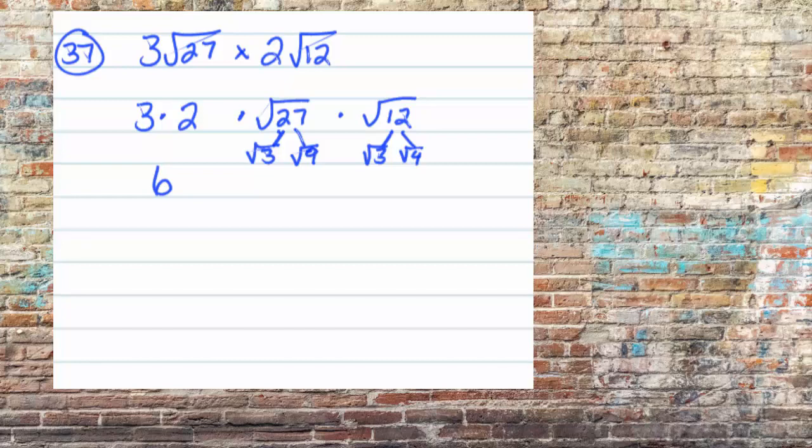So I'm going to drop some terms down. I have 6 times my root of 9. Square root of 9 is 3. Times my root of 4. The square root of 4 is 2. And then we have left the square root of 3 times the square root of 3, which is simply 3.